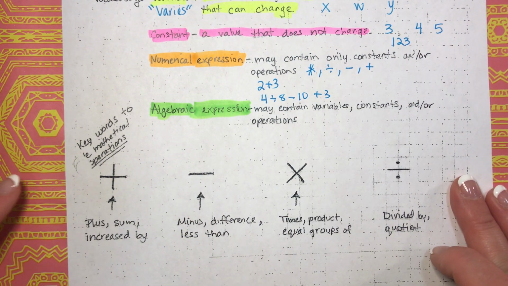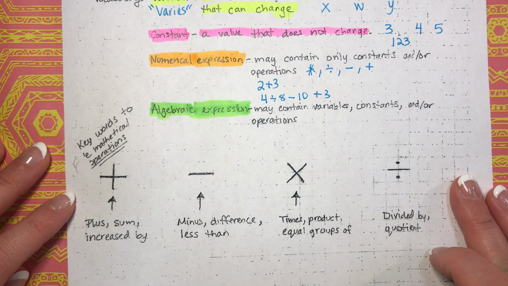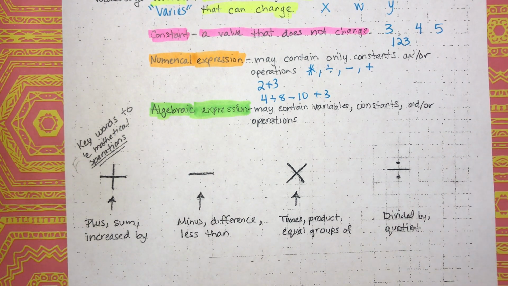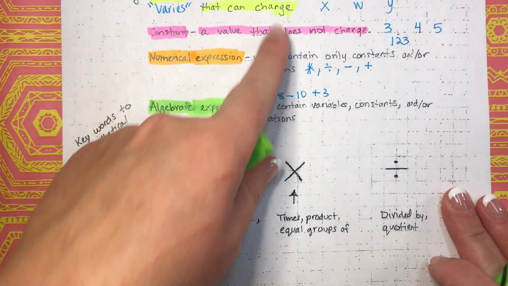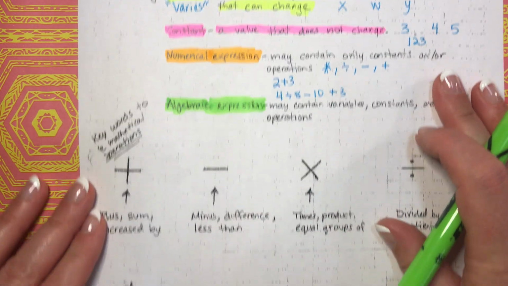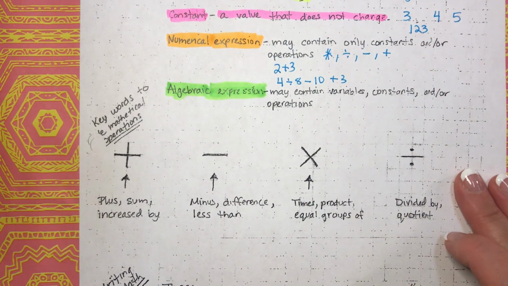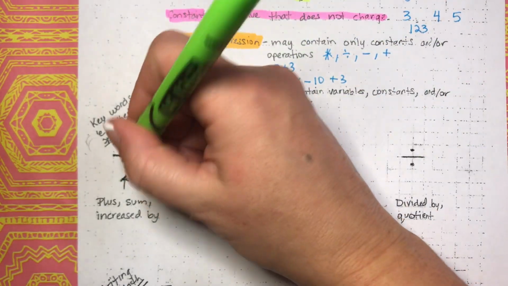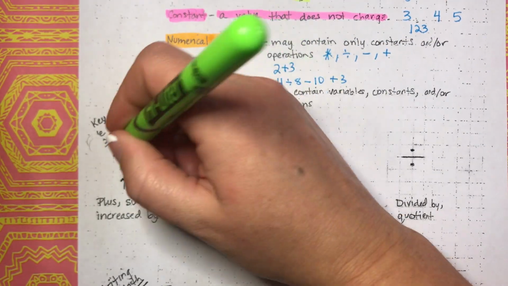So next we're going to talk about some key words to mathematical operations. It's always important because remember what we're going to be doing is translating between words in algebra. So we have to know what certain key words mean a particular operation. So the first one we're going to talk about is addition. So a plus sign.